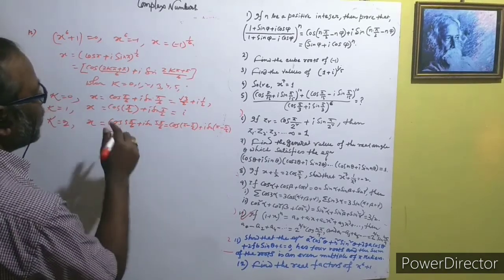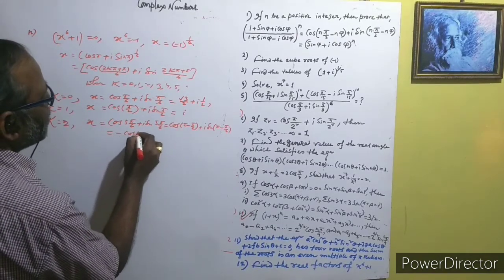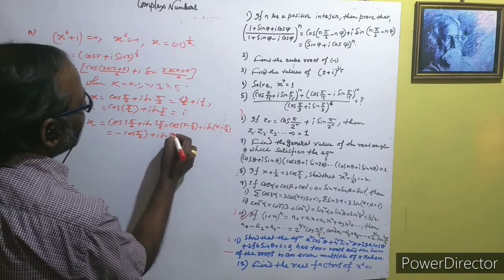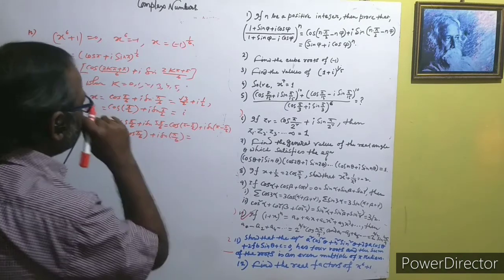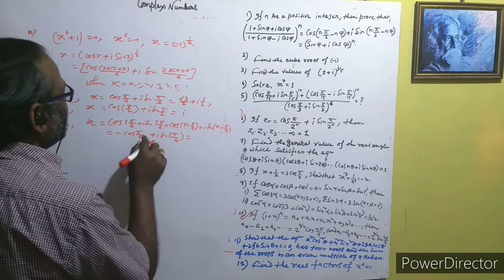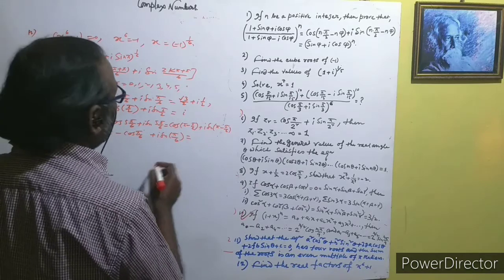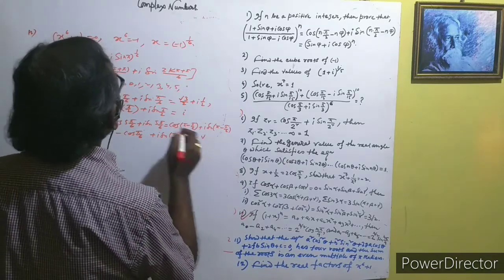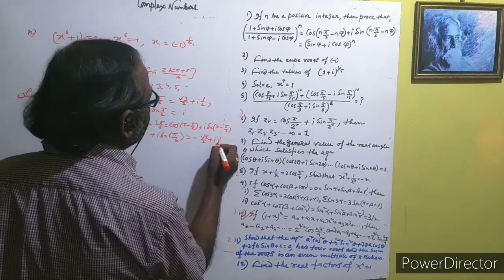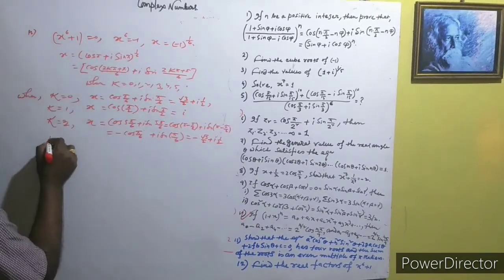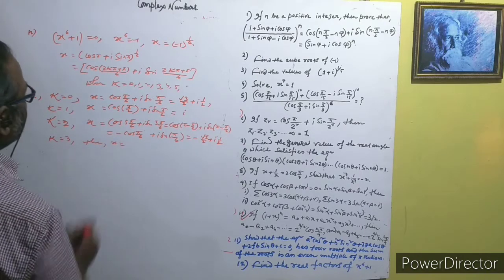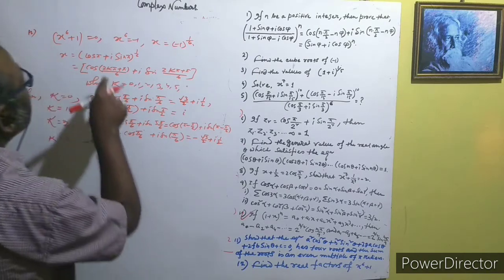So this is minus cos pi by 6 plus i sin pi by 6, that is minus root 3 by 2 plus i into half.